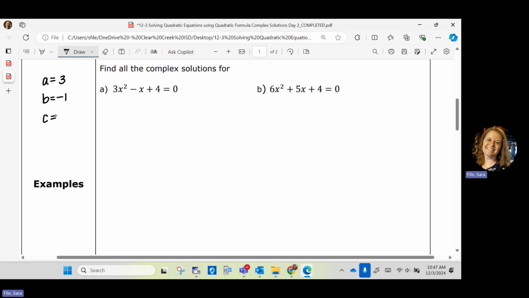What's c? c is the 4. Okay, so in the quadratic formula, -b plus or minus the square root of b squared minus 4ac, all over 2a.